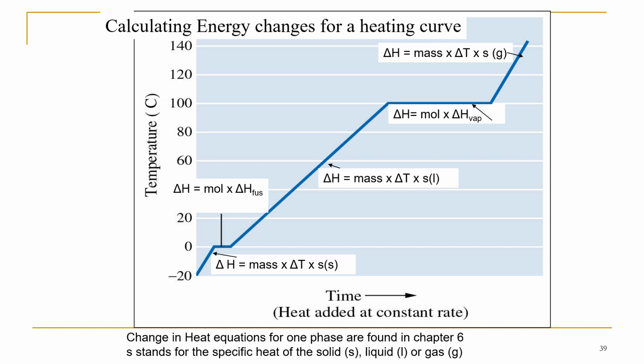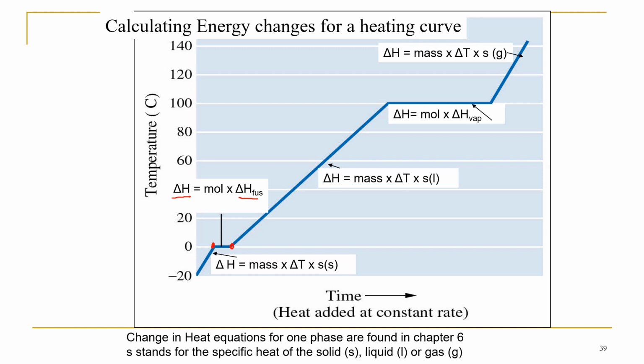You can actually figure out how much heat is required for each phase of this diagram by using these different formulas at different points. So this is what we were just now talking about. If we're talking about going from solid to liquid, for 1 mole it's the delta H of fusion. So if you multiply the delta H of fusion times however many moles of the solid ice you have, you'll find how much heat is required to melt your solid.